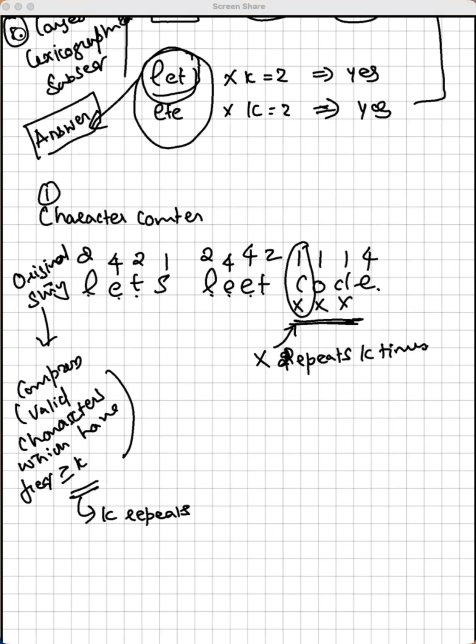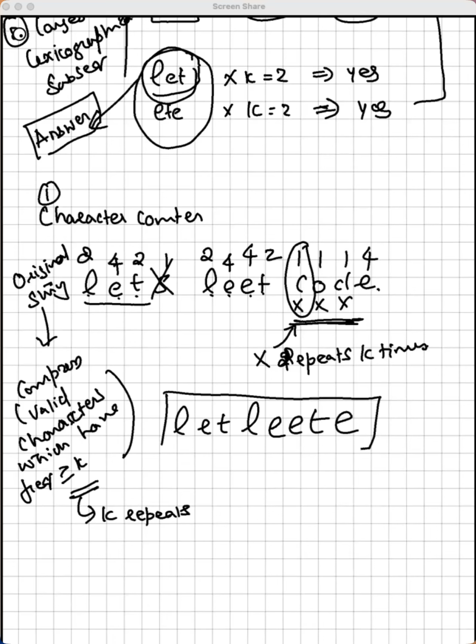So now what this leaves us is 2 is greater than or equal to 2, 4 is greater than 2, 2 is equal to 2. So all of these will get picked up, and S will not get picked up. L, E, E, T, E. So this is my new string.